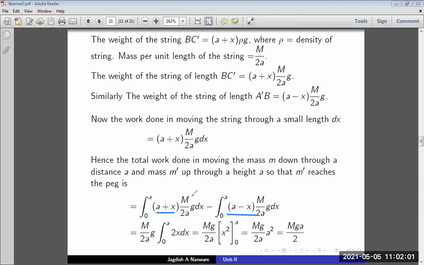If you solve this further, you can apply the properties of integration and club them, because the integrands are a plus x and a minus x. So a plus x minus a minus x gives 2x, right? Now it is simple: you just integrate this 2x function with respect to x and put in the upper and lower limits. That gives M g a upon 2, right? So this is the work done in moving the mass.